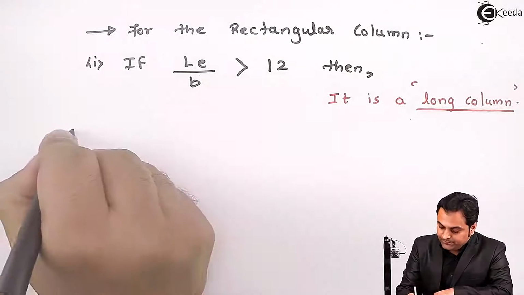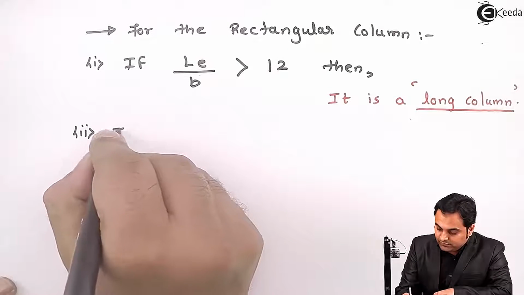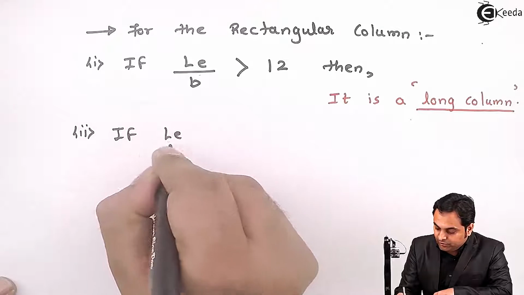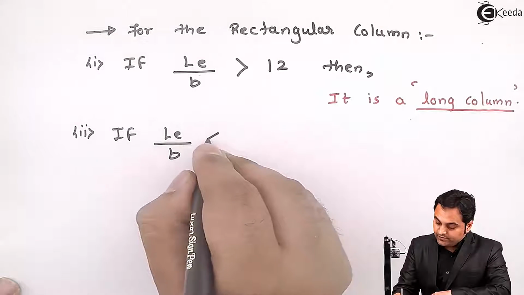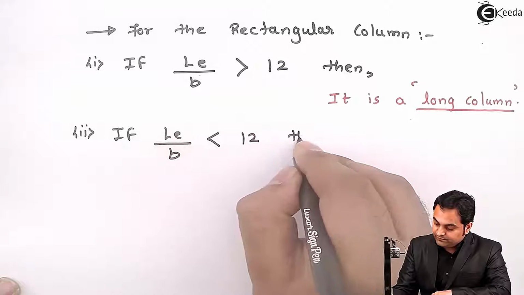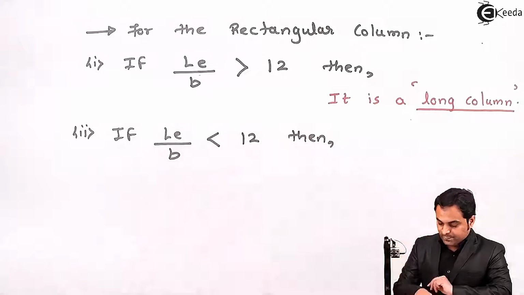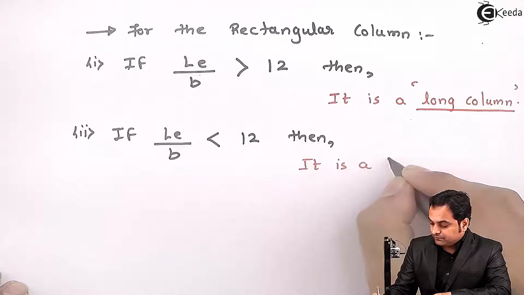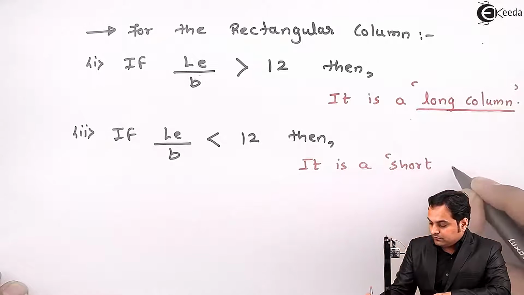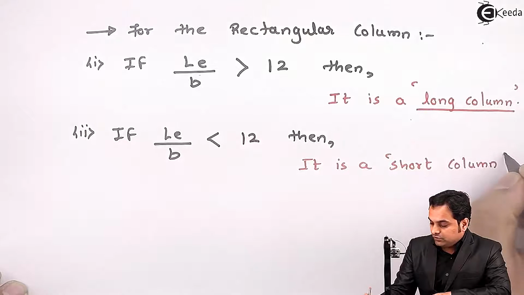And if the ratio of effective length upon the least lateral dimension, that is B, is less than 12, then it is a short column.